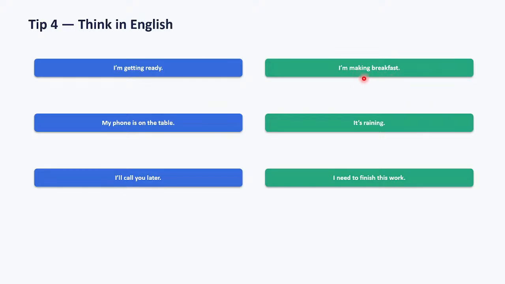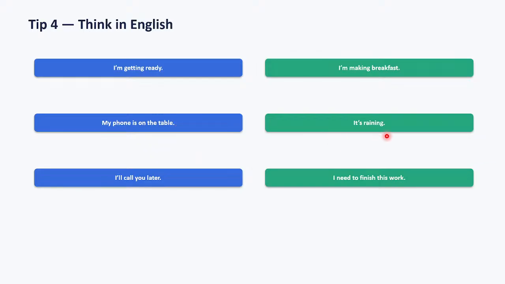Many people are housewives, but they have the feeling that I should learn English to teach my child in English. So you also think in English. Whatever work you are doing, if you are making breakfast, I am making breakfast. I am making dinner. This kind of simple sentences you guys can create. My phone is on the table. My phone is on the table, correct?